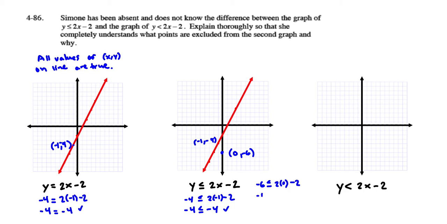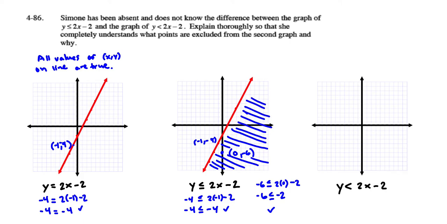We end up with negative 6 is less than or equal to negative 2. That is true, which means all of the values on this side of our line are going to be true. So we'd want to shade in this entire side of the graph. I'm going to shade to the best of my ability with the markers I'm using. So these are all solutions in addition to the line.